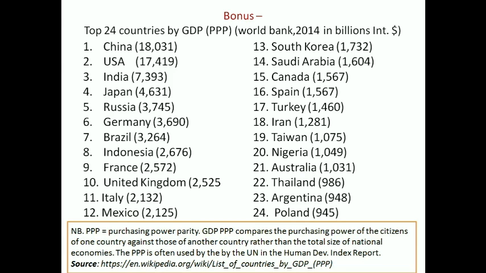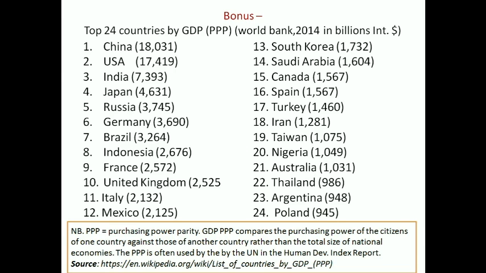The good thing about GDP in PPP is that it compares the purchasing power of the citizens of one country against those of another country rather than the total size of the national economies.